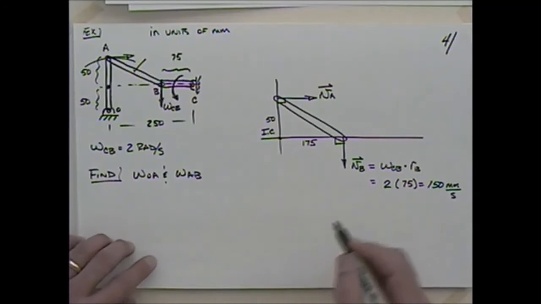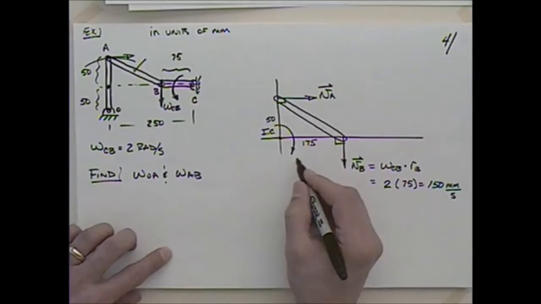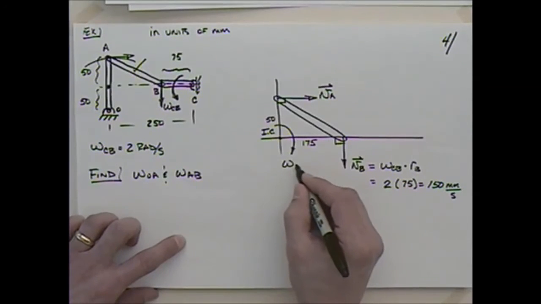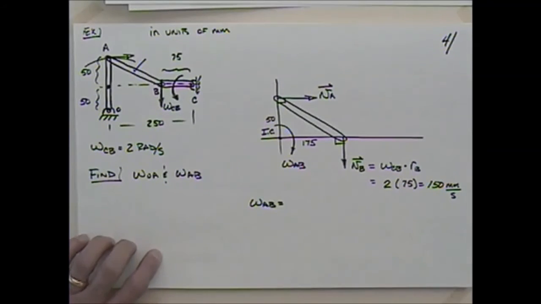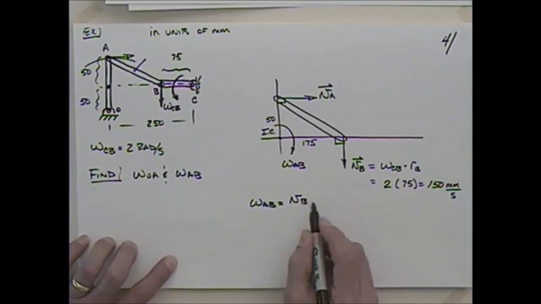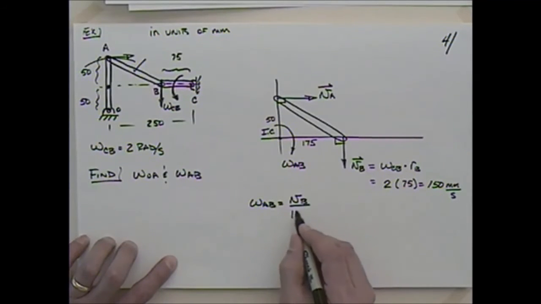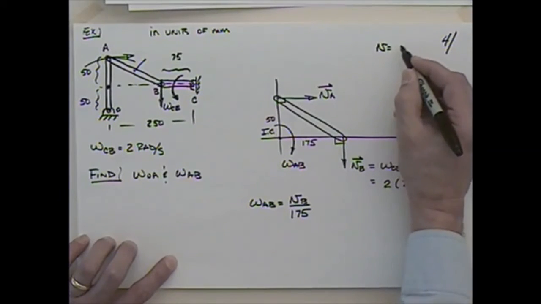So I could talk about this thing having some omega. We could really name that omega AB. So we could say that omega AB would be equal to the velocity at B that we just found divided by that 175, right? Because we know that velocity is equal to what?